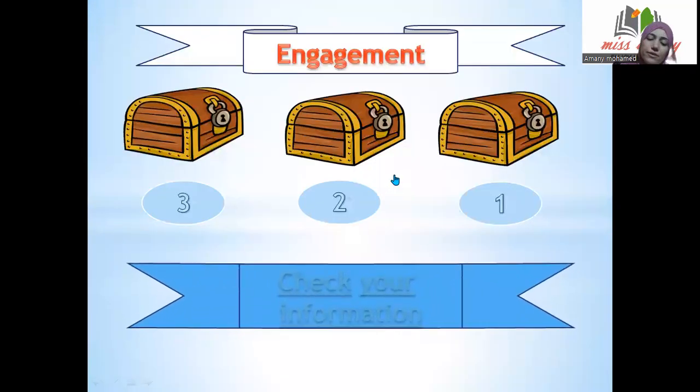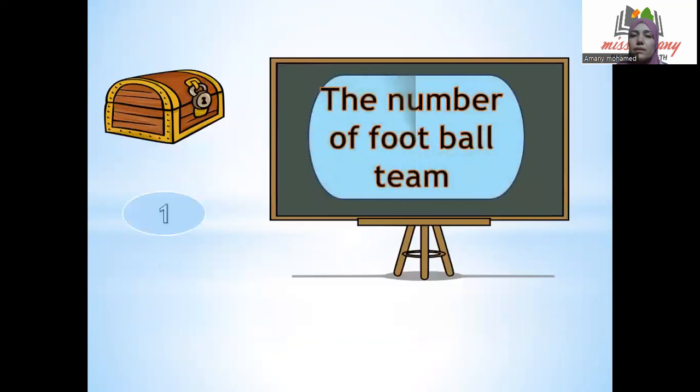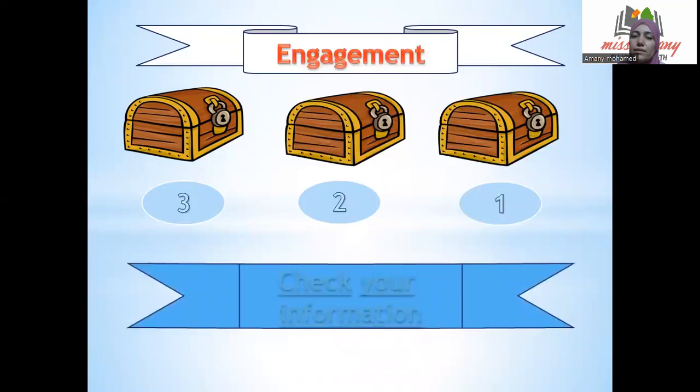Here, I have a very easy question in this game. Who will try to play with me? Okay, Ahmed, let's start. Choose your box. Number 1: the number of football team. Yes. Okay, who else?